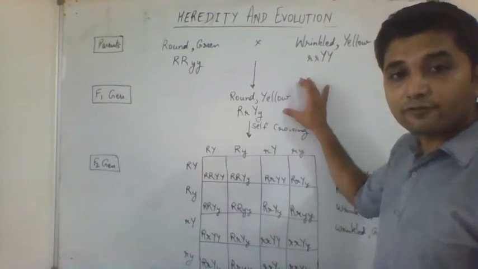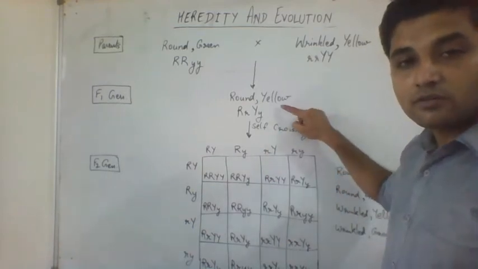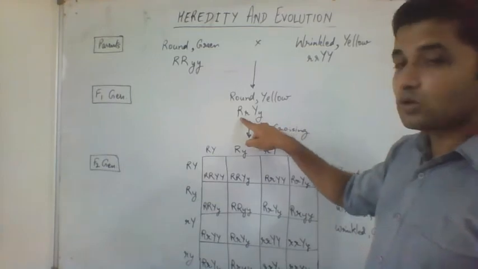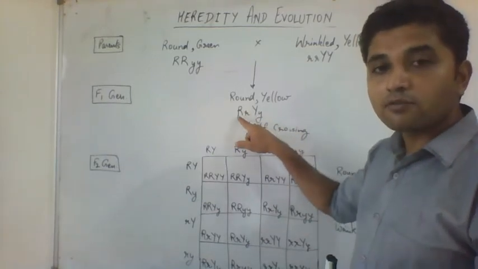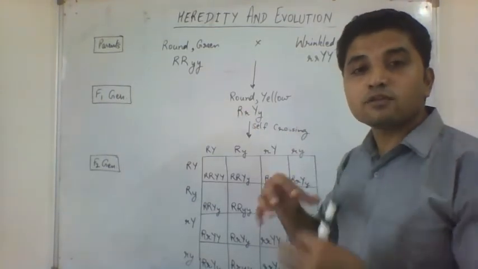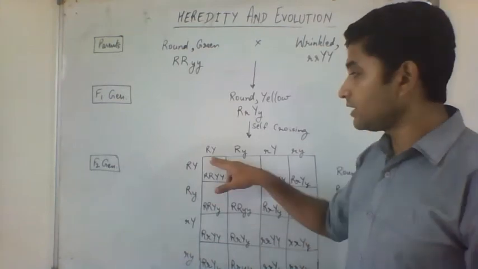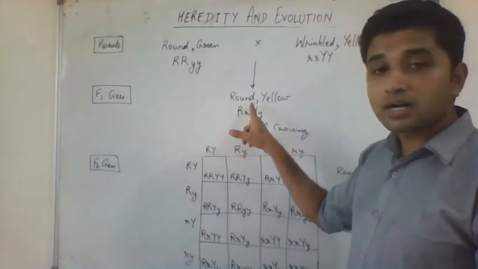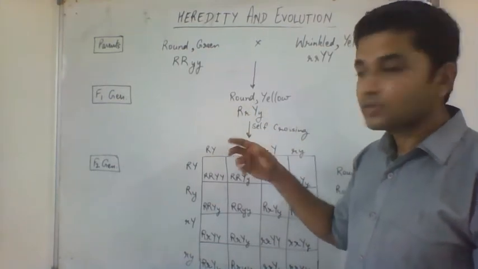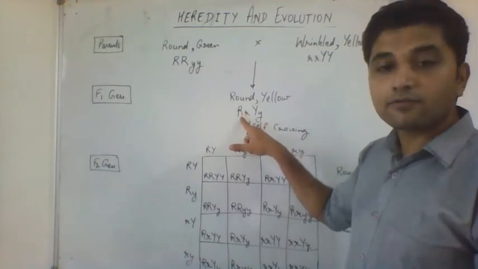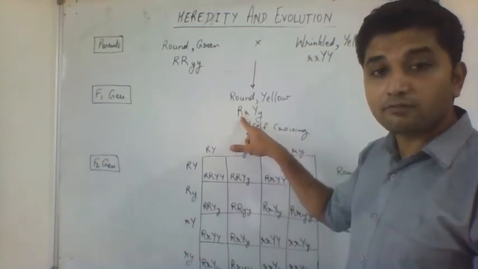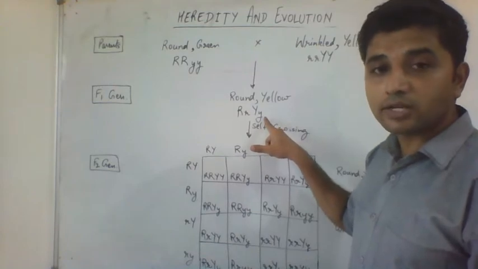Now when you self cross this F1 generation, here you have four different factors. The four different factors can combine in four different combinations. I have written it here. When this plant produces gametes, one gamete will contain one factor for roundness and one factor for yellowness.